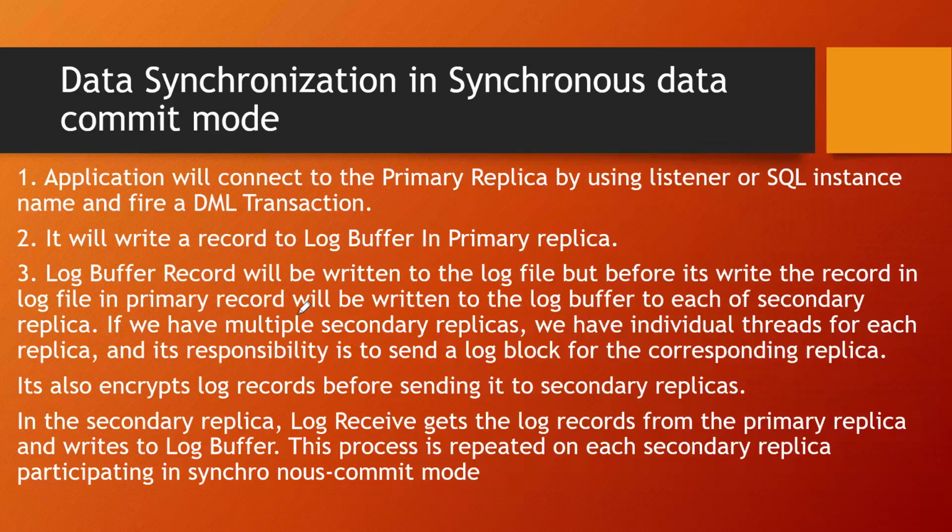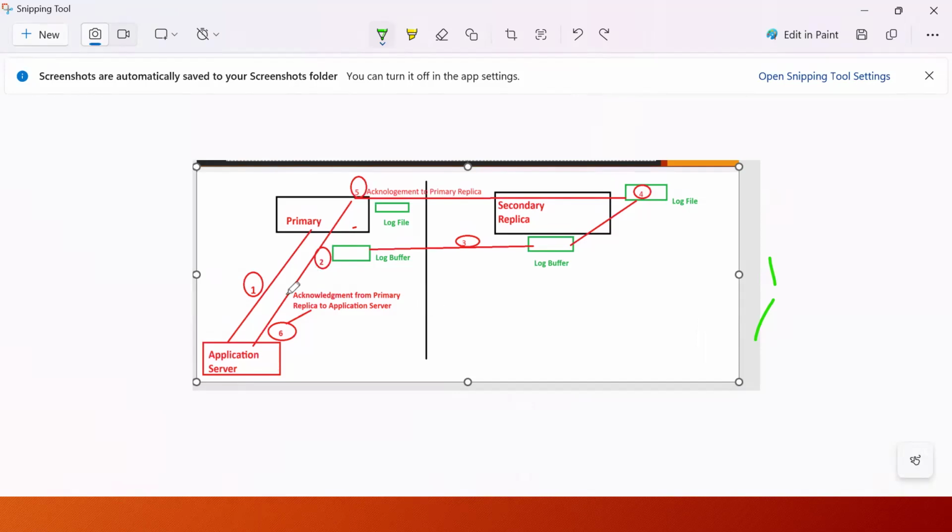Then in the second step, it has to write a record to the log buffer of the primary replica. The meaning of this is that if any query is fired from your application side, the log will first record all the records. Before going to the log file, it writes into the log buffer.